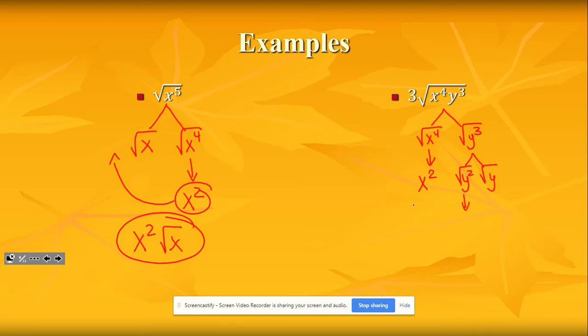Radical y squared simplifies to simply just y, or y to the first. Radical y stays by itself. I take all of the outside parts and put them together. So my final answer is 3 x squared y, and then radical y.